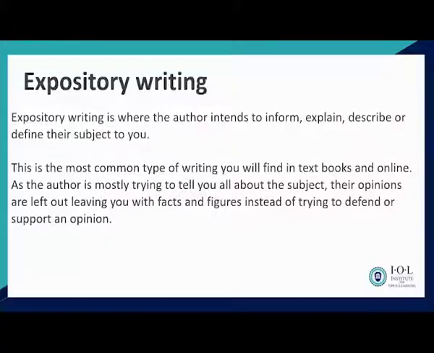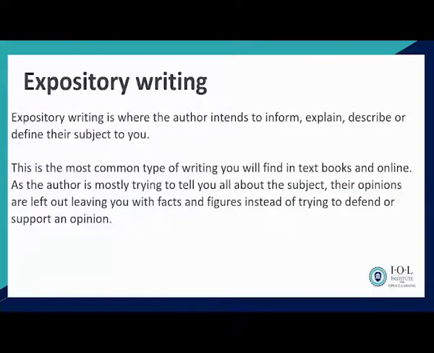So when they write this, you will know that this person understands the task. They understand what they're talking about. Okay? Their opinions are left out, leaving you with facts and figures instead of trying to defend or support opinion. So this is the most common type of writing you'll find in a textbook and online, which is true, as the author is mostly trying to tell you about the subject, and their opinions are left out, leaving you facts and figures.